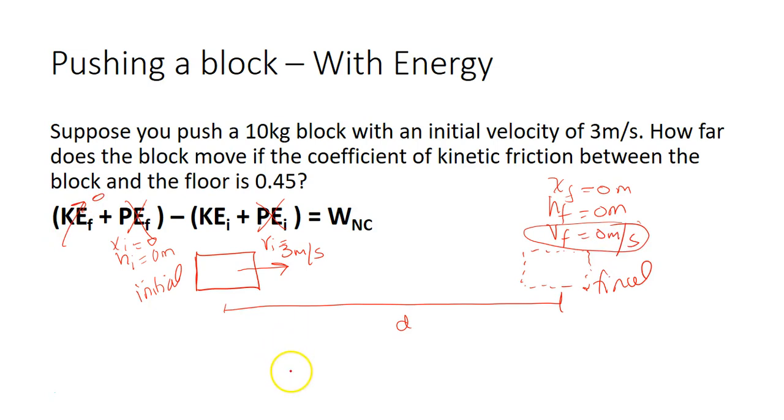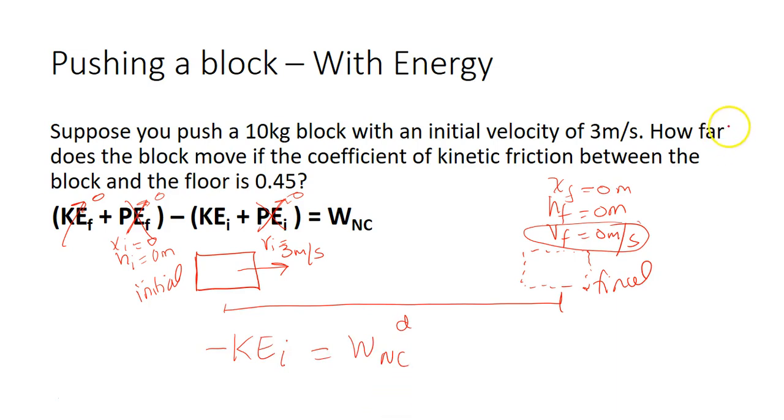So let's rewrite this whole thing, okay? So it says negative, so that's 0, that's basically 0. I mean, that's technically 0 too, and that's 0, right? So negative initial kinetic energy is equal to the work done by the non-conservative force, right?